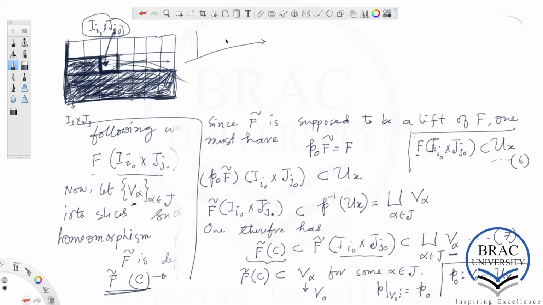F tilde is going to be the lift of this map. For this area I have this slice V0.